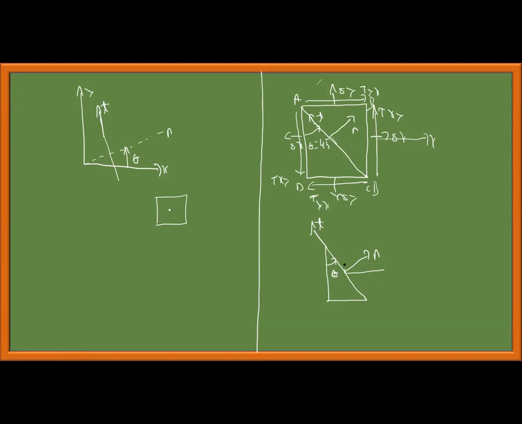Okay, if I write like this, this is y, this is x. I can draw this normal like this, perpendicular to this. This is normal. If this is theta, give me a moment.